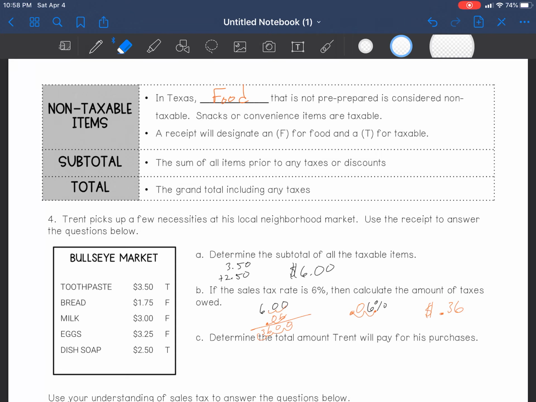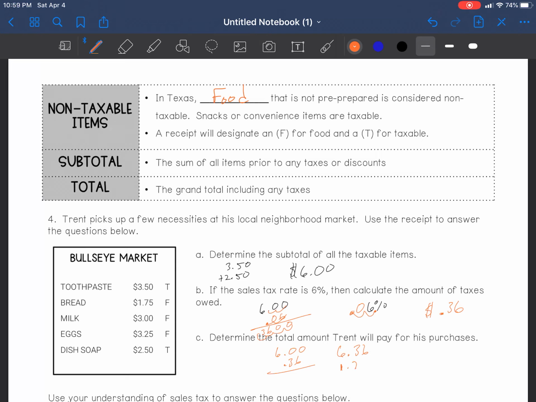Letter C, determine the total amount Trent will pay for his purchases. So we know we already have $6 for the taxable items. We know the tax is 36 cents. So that's already going to be $6.36.